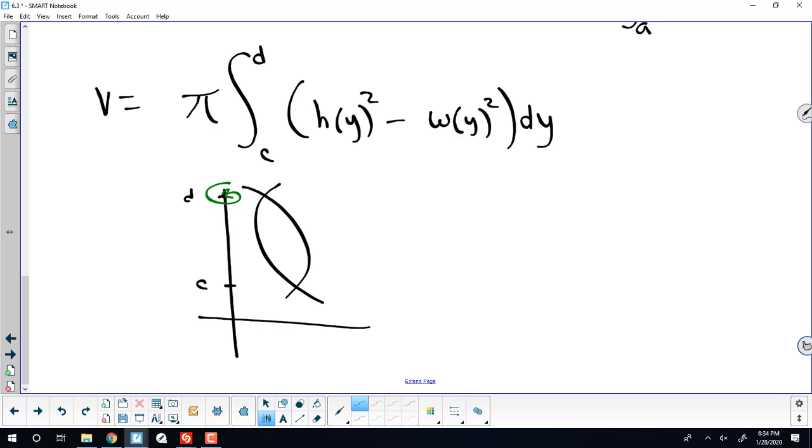So H and W in this situation: which function, left or right, is H? The right. Yes, because when your rectangles are running this direction, it's the right minus the left. So this is our H function, H of y, and this is our W.